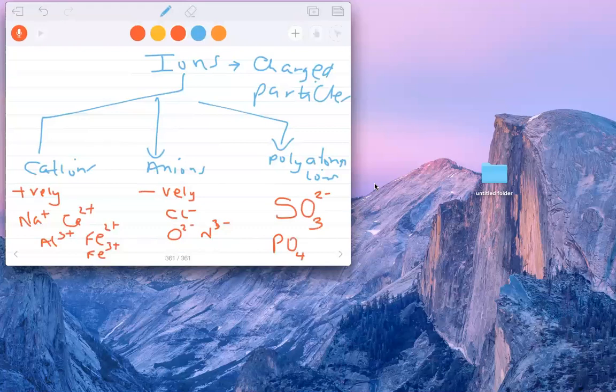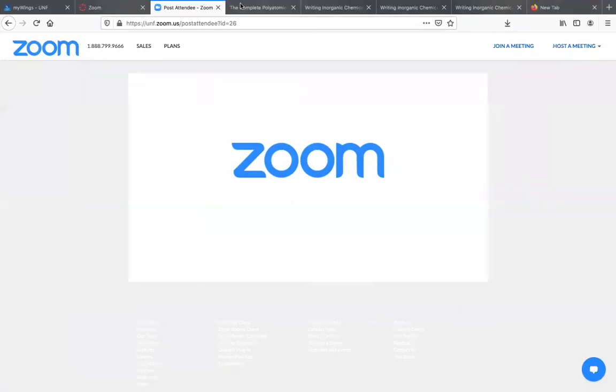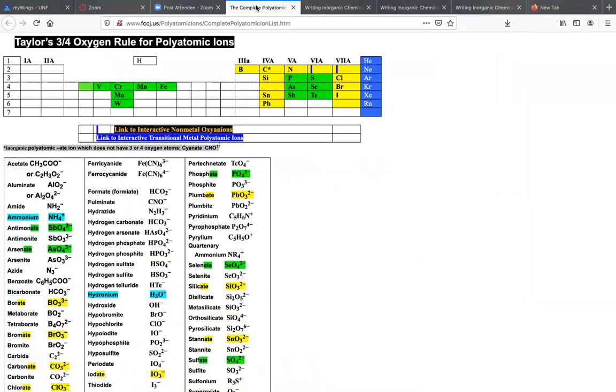PO4 with an overall charge of 3, all right? These are polyatomic ions.